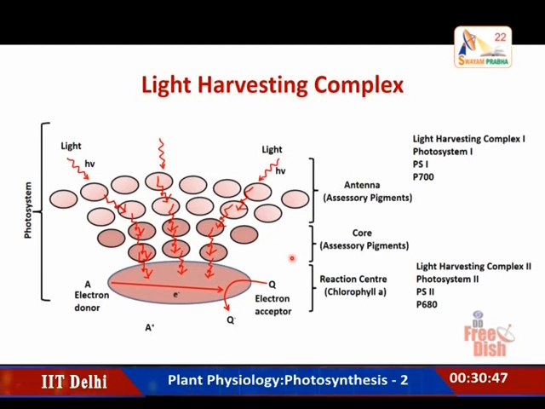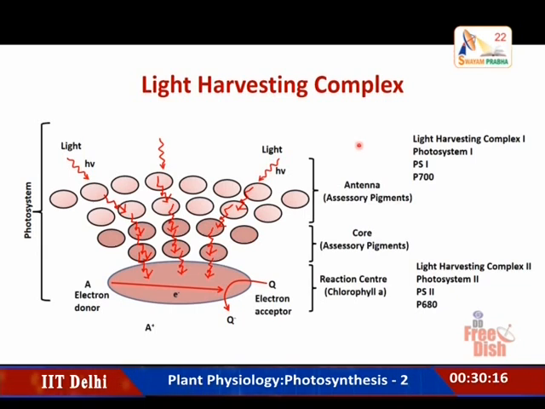So, what you can see in the PowerPoint slide is that, as we discussed, we have two different kinds of light harvesting complex, light harvesting complex 1 and light harvesting complex 2. The basic composition or configuration of light harvesting complex 1 and 2 remains constant.